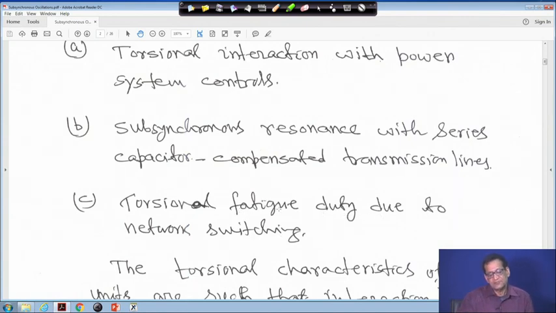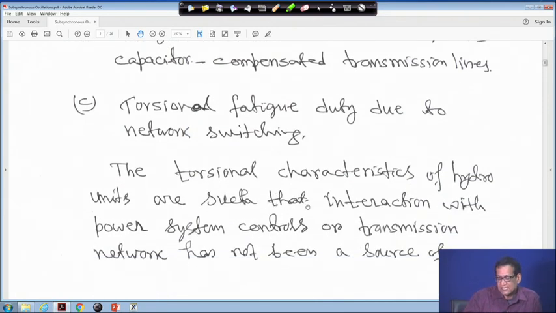The torsional characteristics of hydro units are such that interaction with power system controls or the transmission network has not been a source of concern.